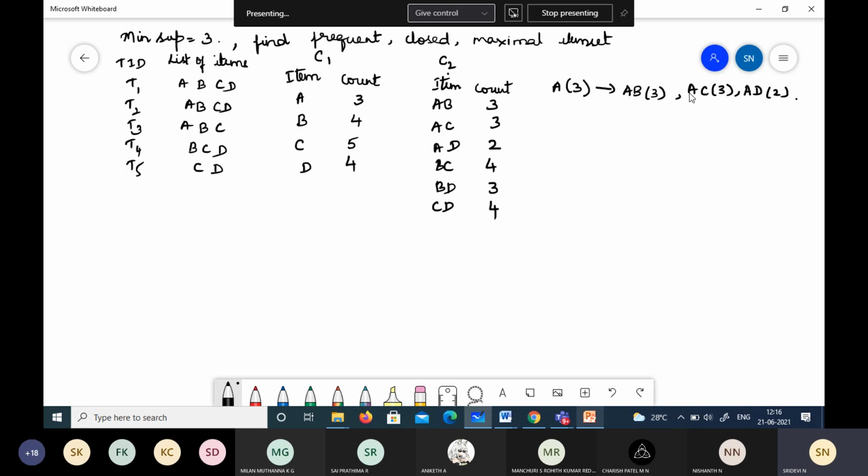It is closed only if its count is greater than its immediate supersets' counts. If any of the supersets has a count equal to this item, then we say that A is not closed. So we can say that A is not closed here.